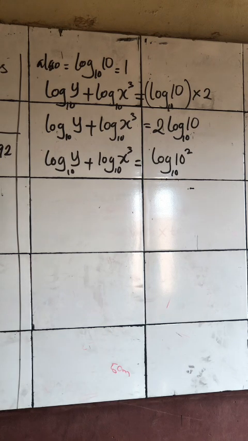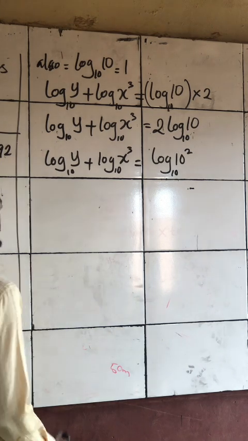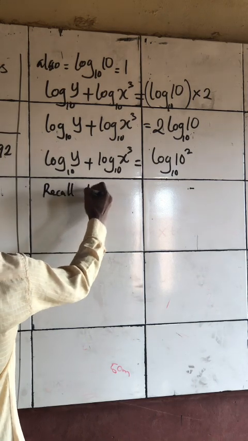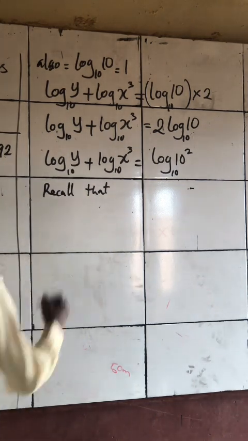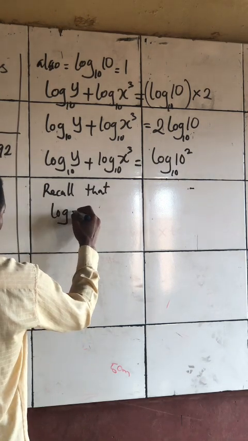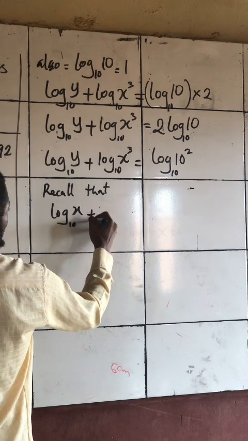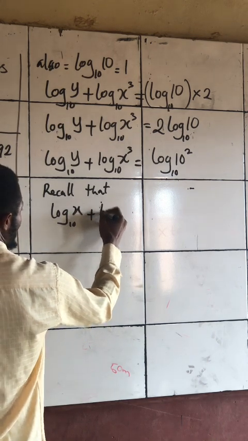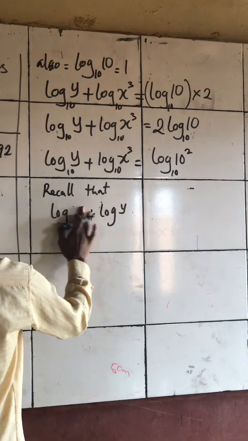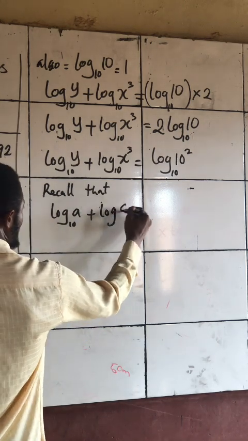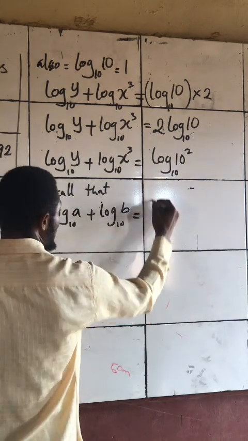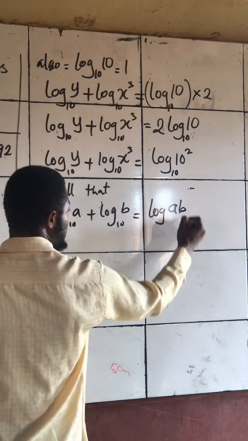So when you have that, we also recall that log A base 10 plus log B base 10 is the same thing as log AB base 10.